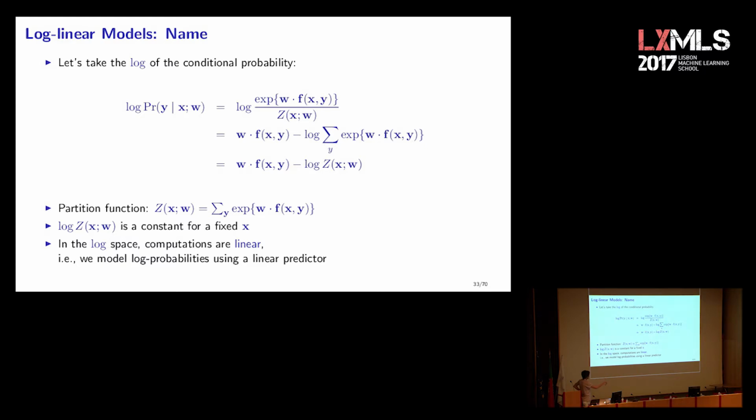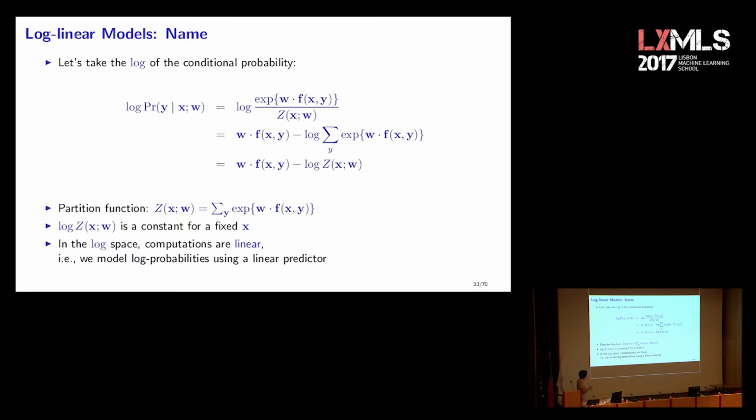What we see here is that this is called the partition function, okay? This thing, log Z, is constant if you give x. It's the normalizer, so it doesn't depend on y. It sums over all possible y's.